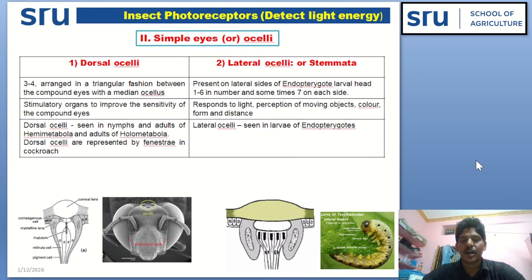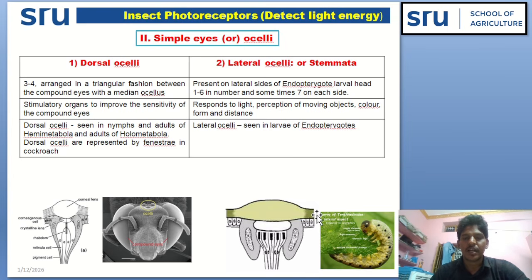Next, simple eyes are ocelli. These are of two types, dorsal ocelli and lateral ocelli. Dorsal ocelli are there in nymph and adult of hemimetabola and adults of holometabola, but lateral ocelli are seen in the larvae of endopterygotes.